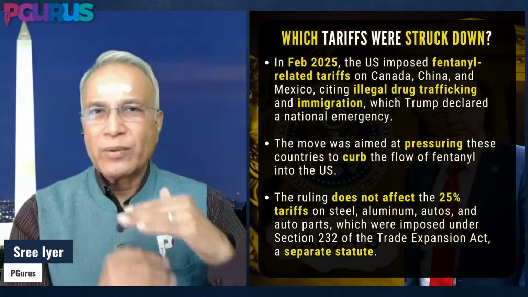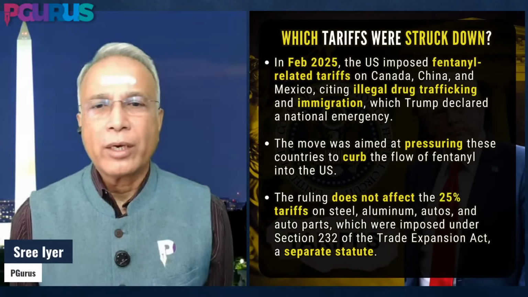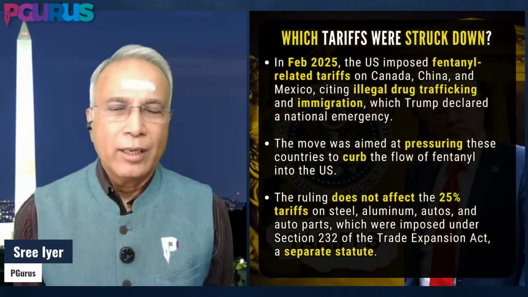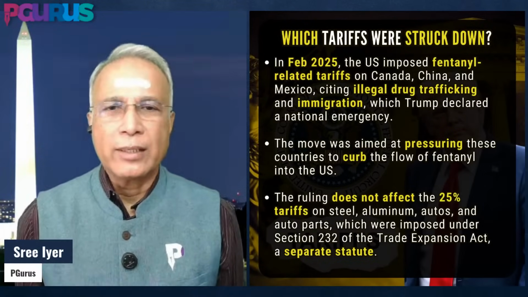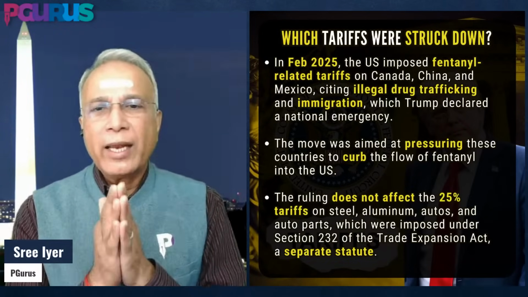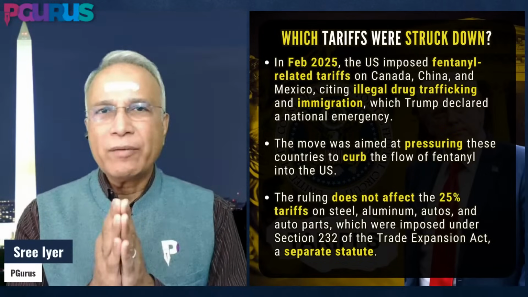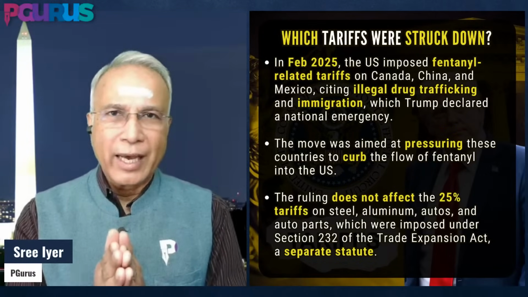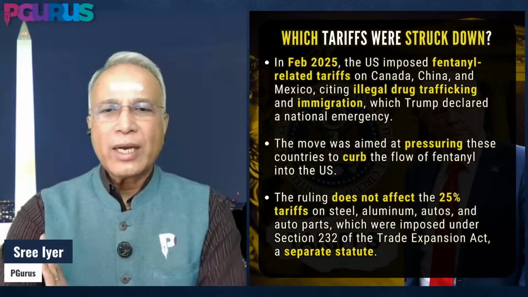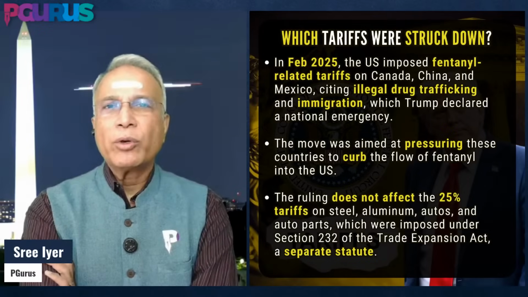So both these countries were getting it for not doing a good job on fentanyl enforcement as well as illegal immigration. Then on top of all this, for steel, aluminum, autos and auto parts, there was an additional 25% tariff that was levied. I mean, once you start looking at this, it becomes a story that is very hard to keep up.